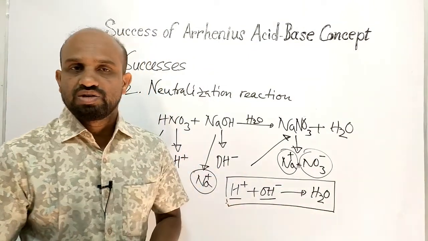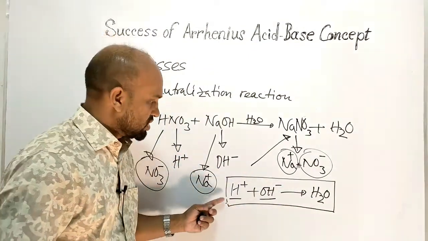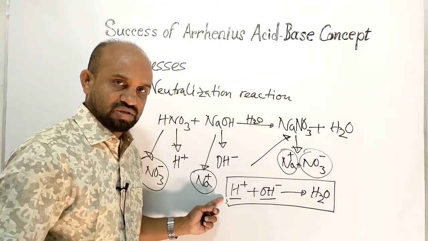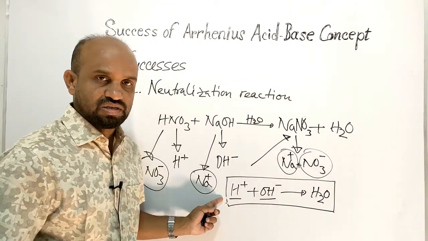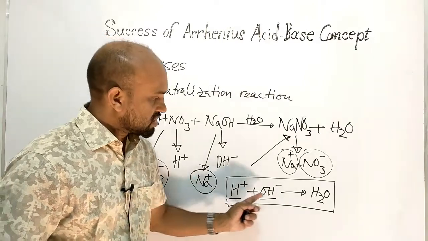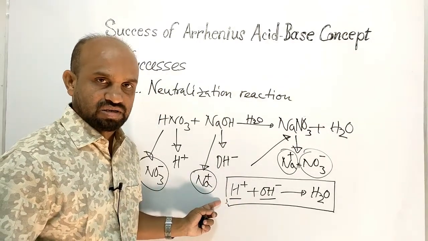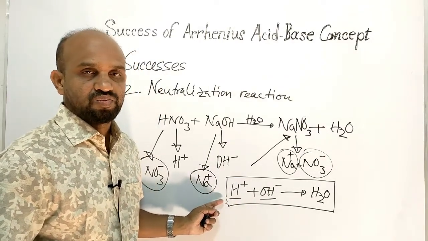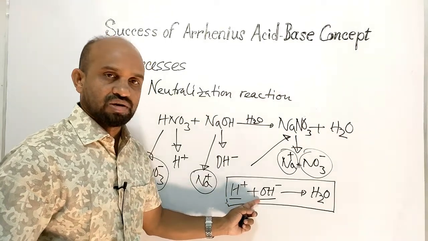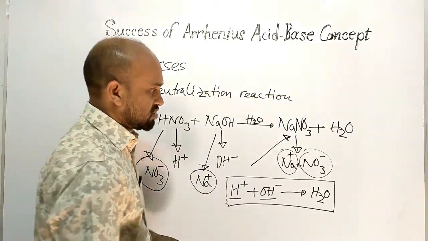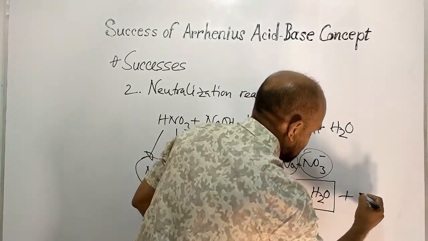So in a neutralization reaction only this reaction happens between Arrhenius acid and Arrhenius base. It's a kind of addition reaction, that means addition of proton and hydroxide ion happens here.